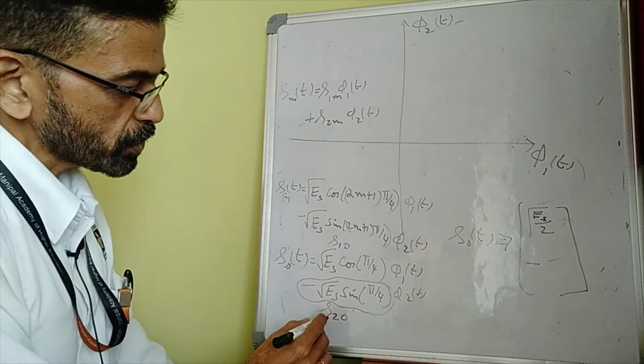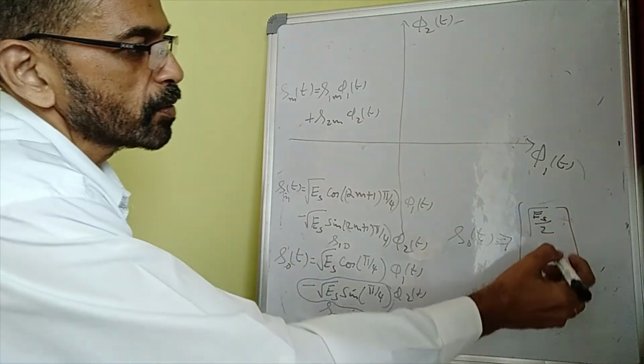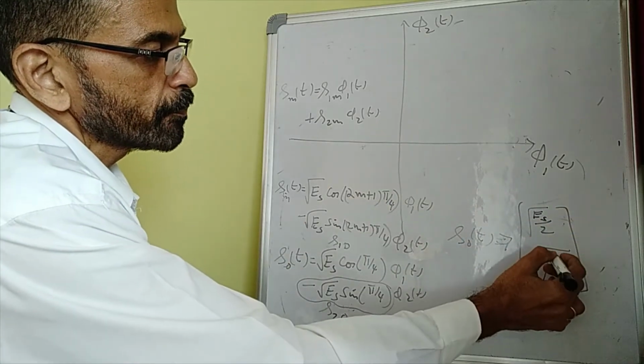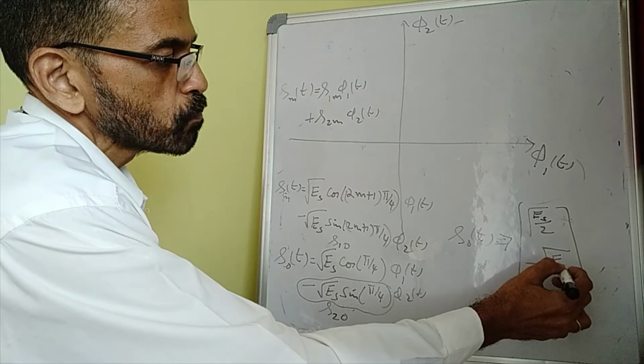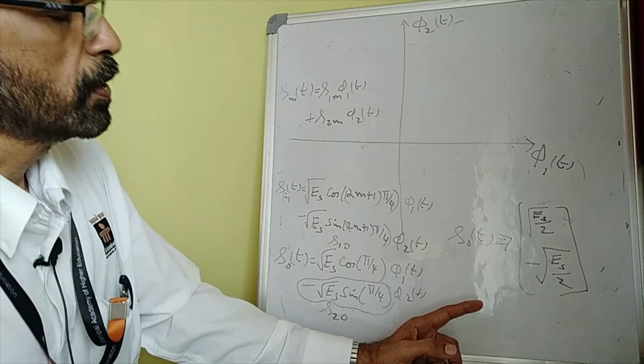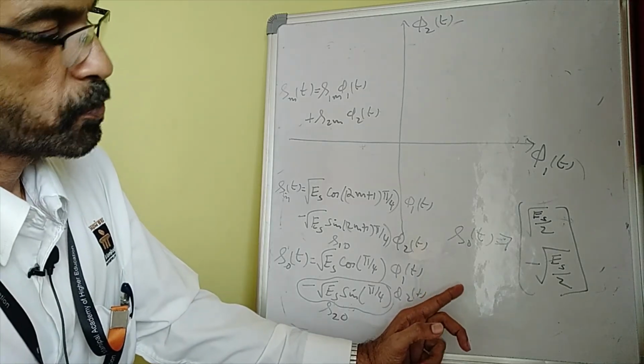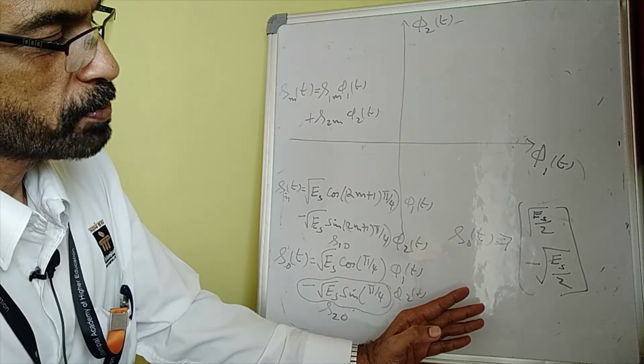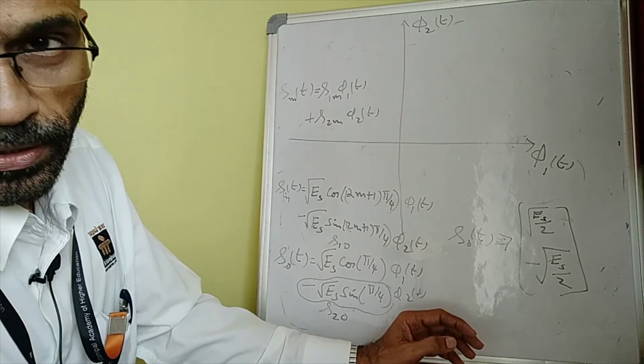So minus, remember S20 includes the negative sign, minus root Es by 2. So this is the coordinate of the signal S0(t) when you express it as a point in the signal space, or as a vector in the signal space.